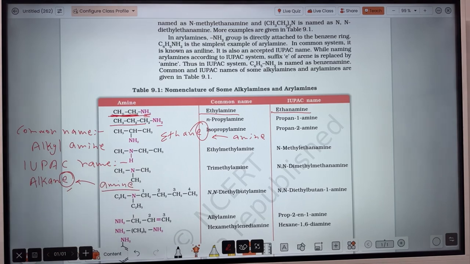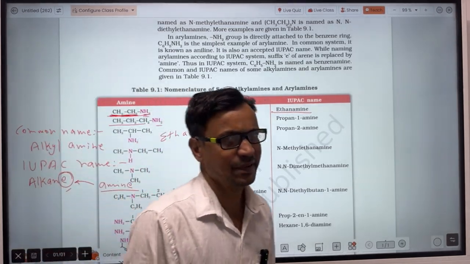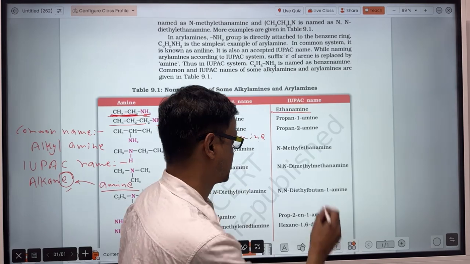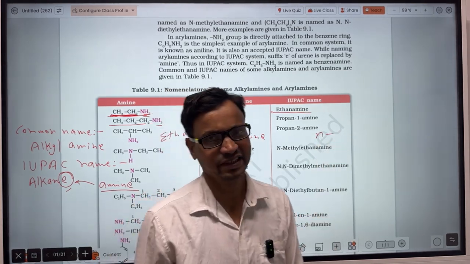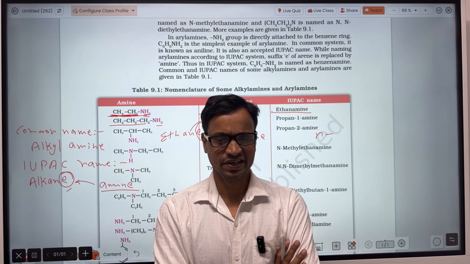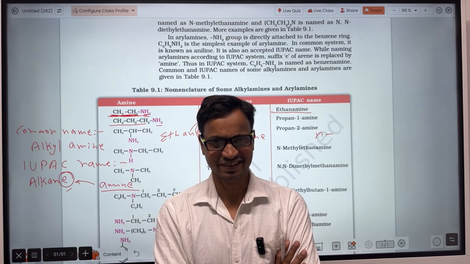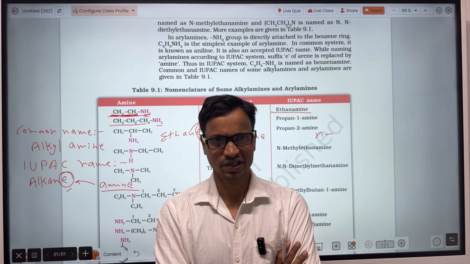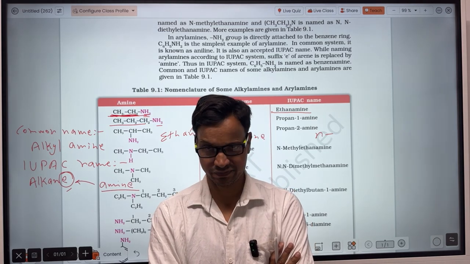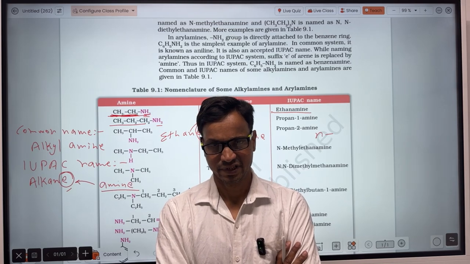Here is propane, here it is an amino group. In the common name, sometimes the word n is mentioned at the start, which indicates that the functional group is bonded to a 1-degree hydrocarbon, meaning normal. So the functional group is bonded to a 1-degree carbon atom.